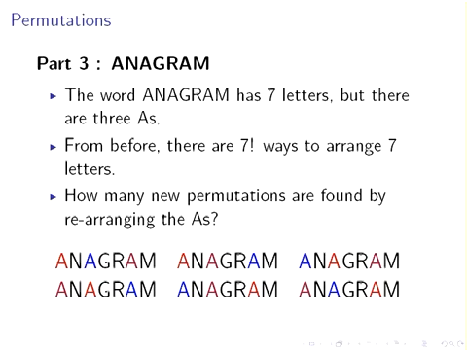There are actually 6 there. I have a red A, a blue A, and a purple A. I just moved them around. Those are 6 different arrangements, but really they're all spelling the same word. So we got 6 copies of the same permutation.